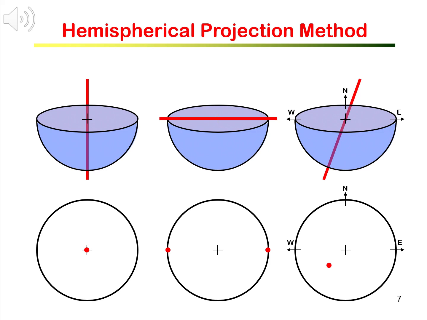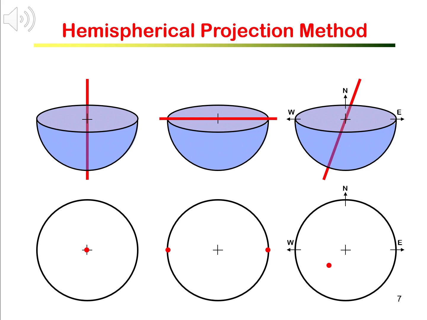As shown on the left diagram, the mark left by a vertical line on the hemisphere is on the bottom of the sphere. By projection, the mark on the bottom of the hemisphere onto the horizontal plane is the point right at the center.